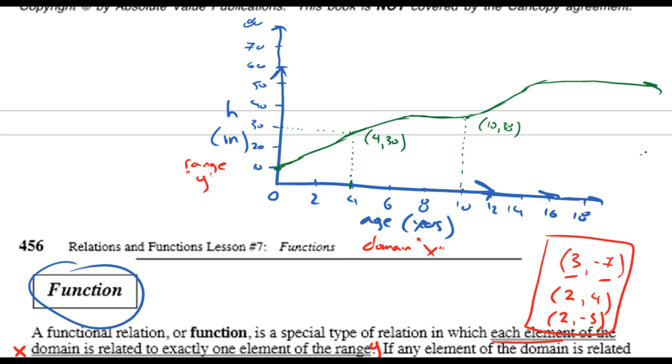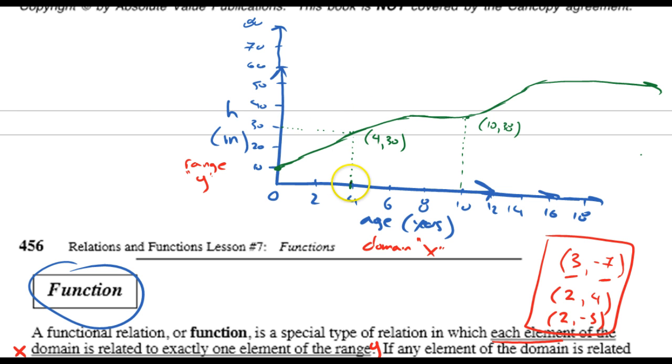Okay, so what makes this a function is that if we look at our definition and how this relates to this graph, every element, in other words, each age of the domain, corresponds to only one element in the range, and that's the height. So for example, 6 years old only corresponds to one height.